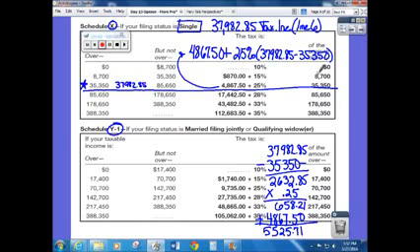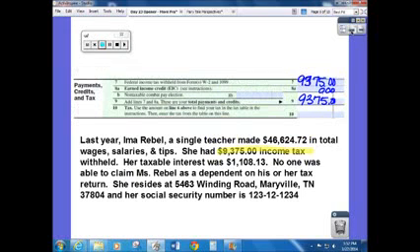At this point, we just use our order of operation to solve the equation. We do our parentheses first, we do our multiplication next, and then we do our addition last. If we do that, it solves for $5,525.71. So let's enter that on line 10 of our tax return.